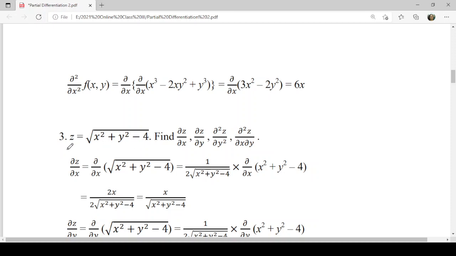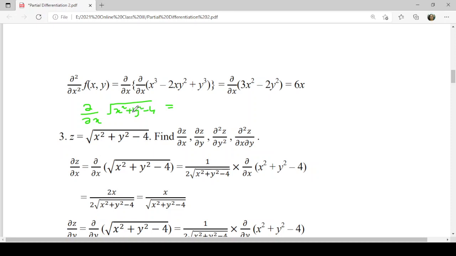So this you see, z is this. So del z del x, del del x of the square root of x square plus y square minus 4. How did you do it?